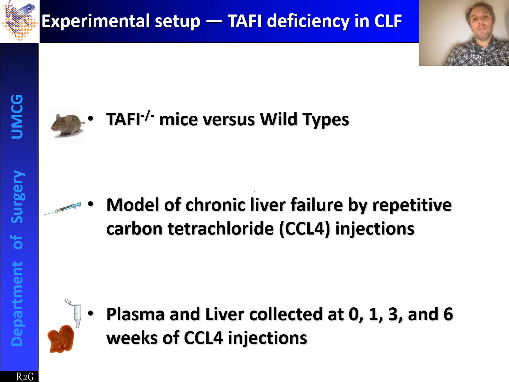And in the case of chronic liver failure, we used a model where we induced cirrhosis by repetitive injections of carbon tetrachloride, which is a hepatotoxic agent. And to follow the course of liver failure progression, we collected livers at the beginning and after 1, 3, and 6 weeks.